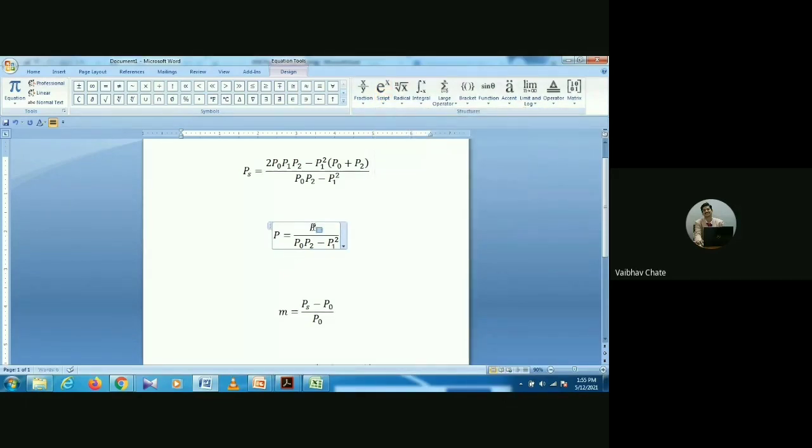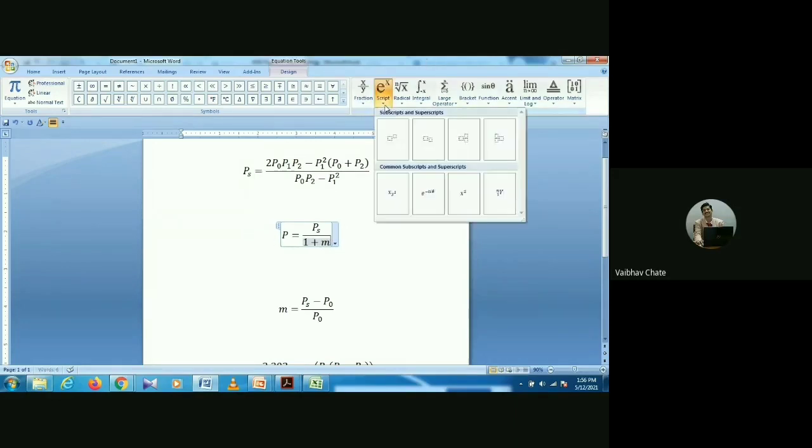So the population after n number of years is nothing but the saturation population divided by, this is also of no use to me, 1 plus m times, I'll be going for log to the base e inverse.